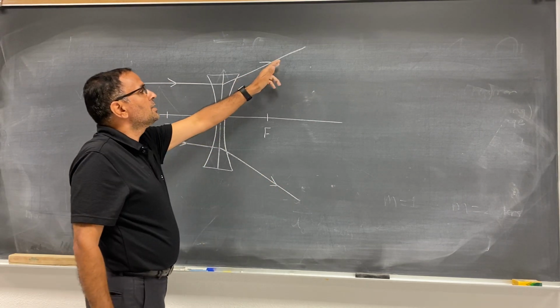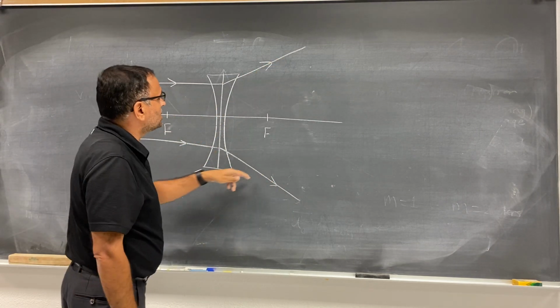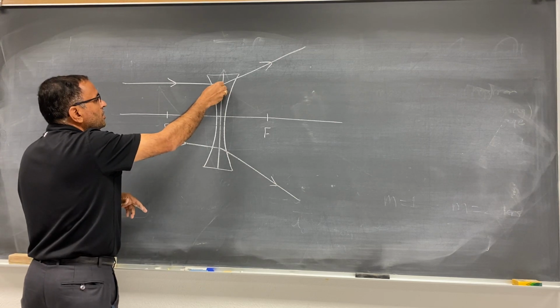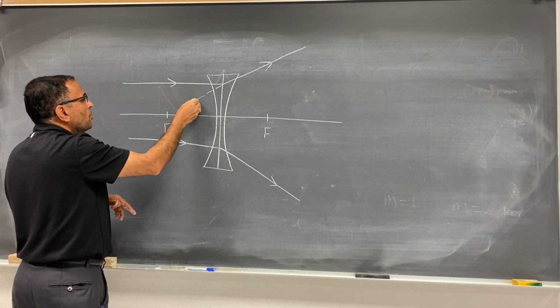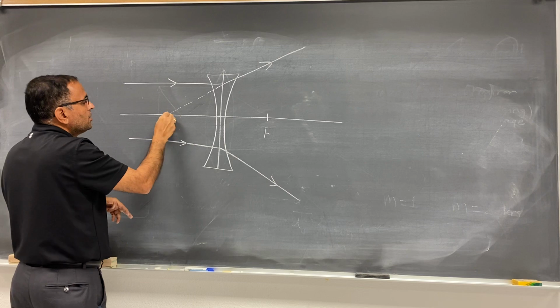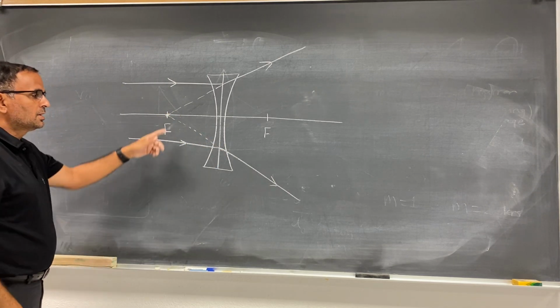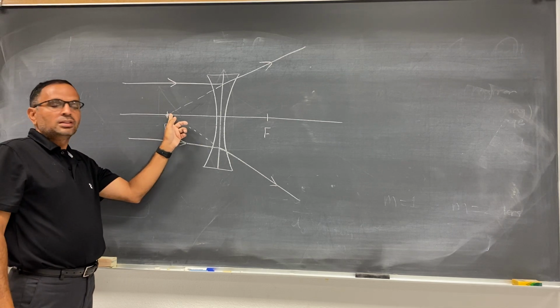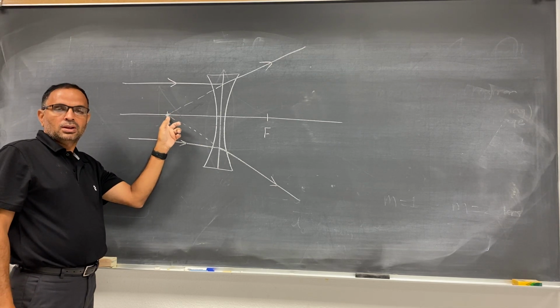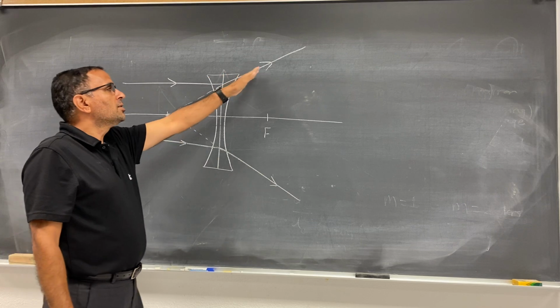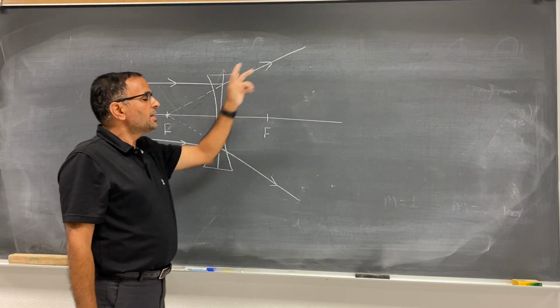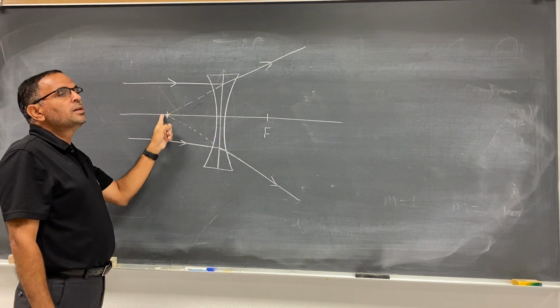But these refracted rays, this ray and this ray, appear to diverge from here, from the focal point. Look, they appear to diverge from this point. This point is the focal point, of course. The refracted rays appear to diverge from this point.